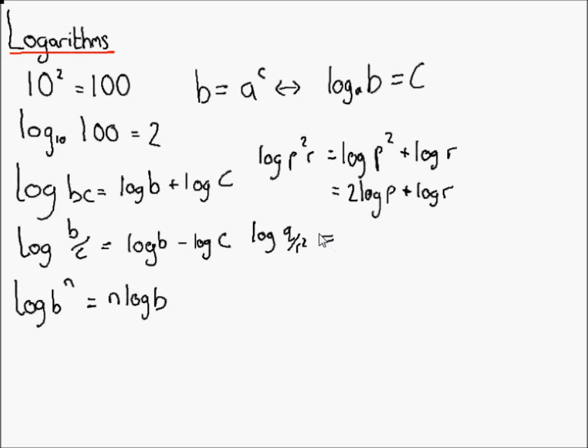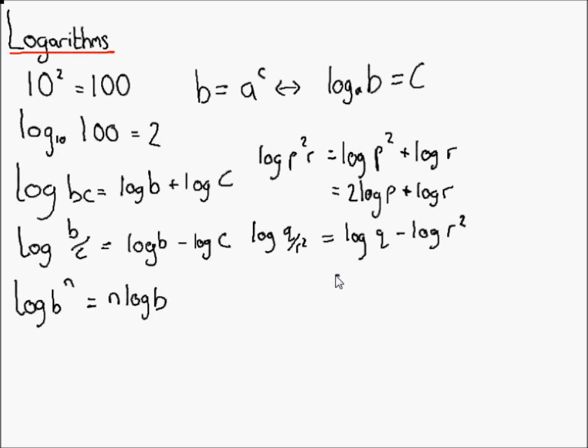Log q over r squared is equal to log q minus log r squared. The numerator is always the first one, you subtract the denominator from the numerator when you open up this division using logs. It's not log r minus log q, it's always the top minus the bottom.